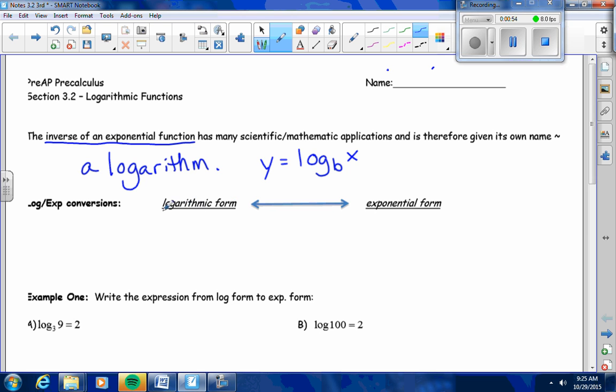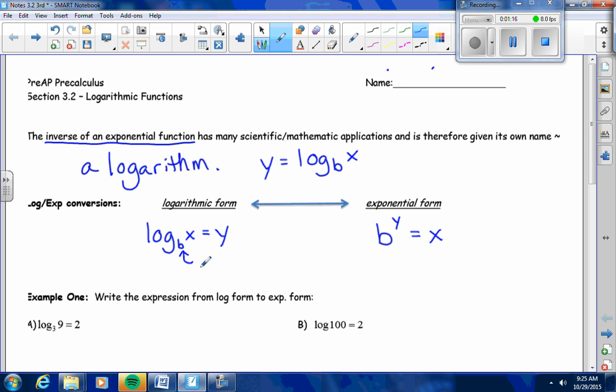The logarithmic form, log base b of x equals y, is interchangeable with the exponential form, which is the base b raised to the power of y equals x.